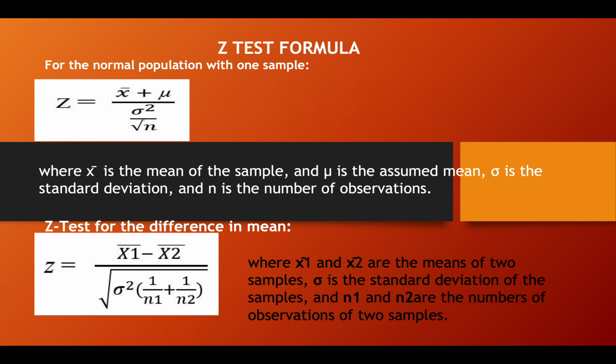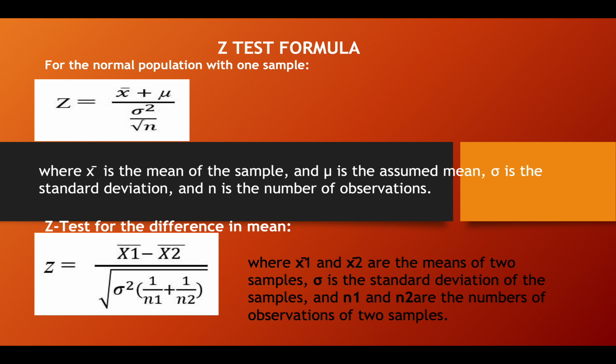If we talk about the formulas that are used for the z test, these are some of the formulas. For a normal population distribution, z equals x bar minus mu divided by sigma over square root n. In this, x bar is the mean of the sample, mu is the assumed mean, sigma is the standard deviation, and n is the number of observations.